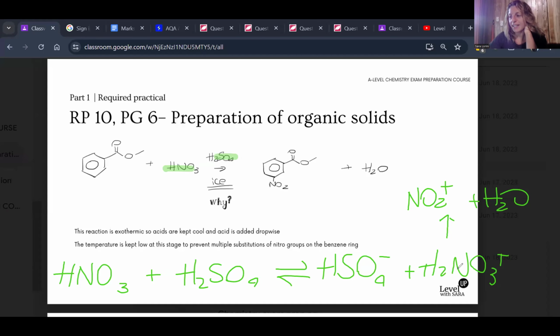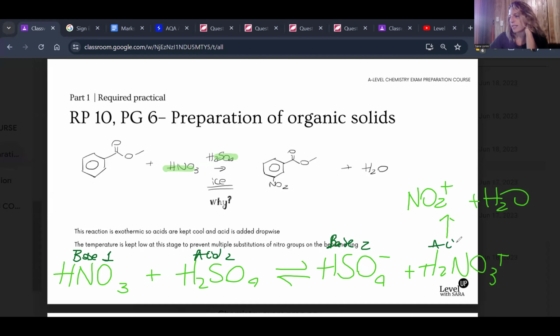HNO3 is gaining a proton, meaning that it's our base. H2SO4, the proton donor, is going to be our acid. HSO4 minus comes from H2SO4, of course, so it will be system number 2, but it's going to act as a base on the backward reaction.